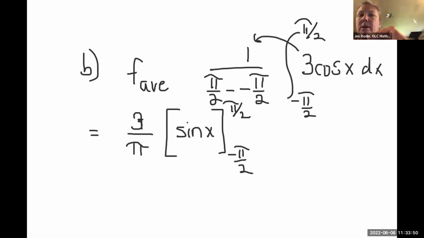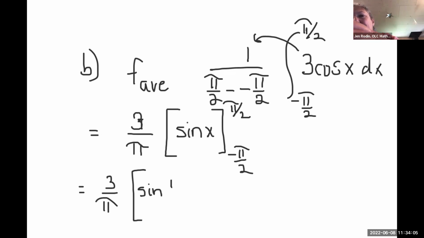Is everybody following that okay? And then I'm going to go ahead and finish it in case anyone's rusty with their trig. Sine of pi over 2 is 1. And sine of negative pi over 2 is negative 1.